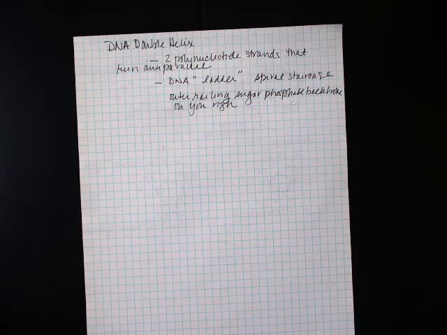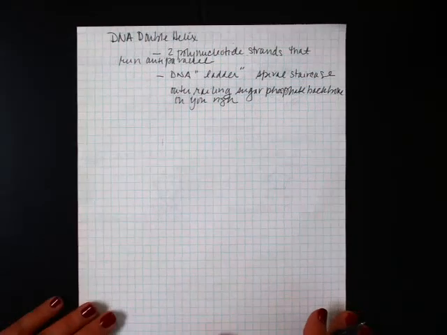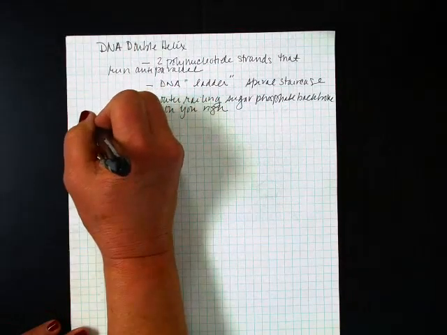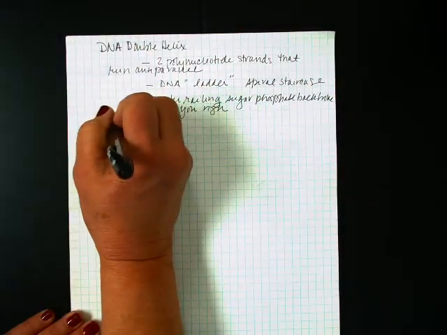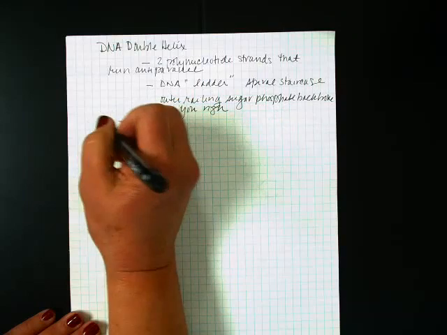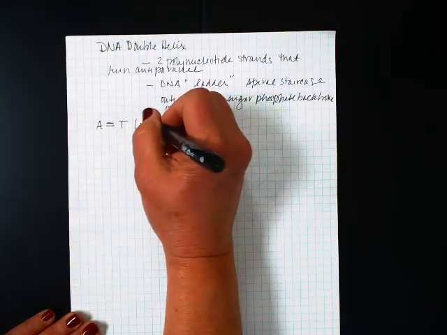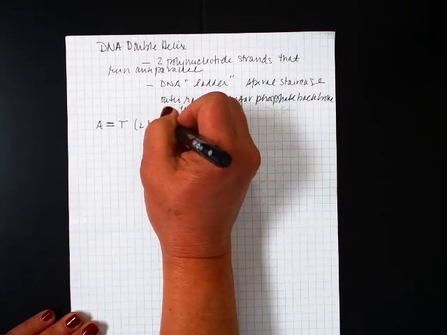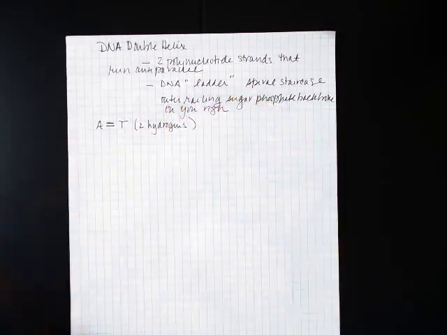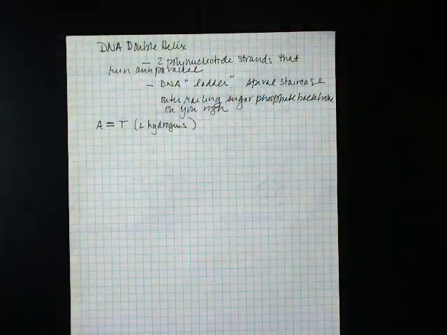So we have the base pairing: A base pairs with T. These two lines reflect the fact that there are two hydrogen bonds. So these are hydrogen bonds, they are not chemical bonds. So it's that intermolecular force that is holding those two together.